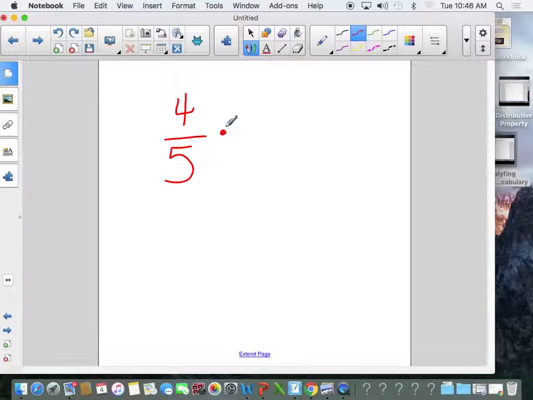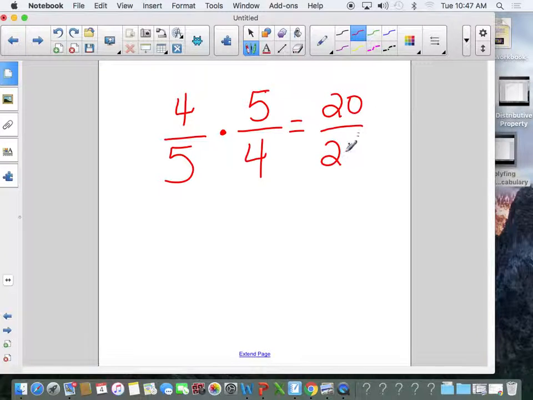Well, that is simply the number flipped upside down. The reason that happens is because you want the numerator and the denominator to multiply and be the same thing. So 4 times 5 is 20, and 5 times 4 is 20. Well, 20 divided by 20 is 1. So your reciprocal is 5 over 4, which is just the number flipped upside down.